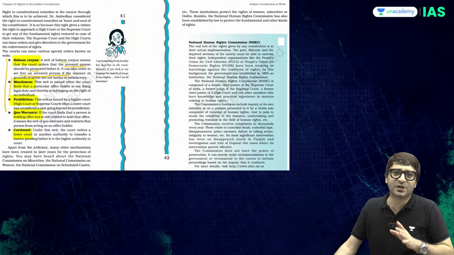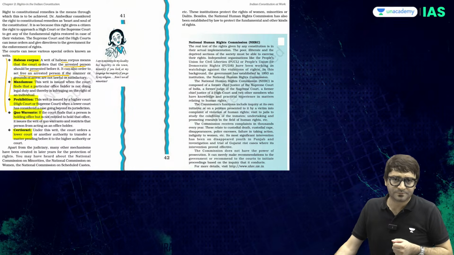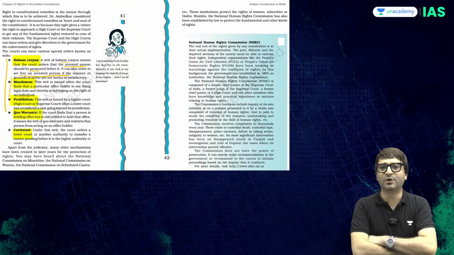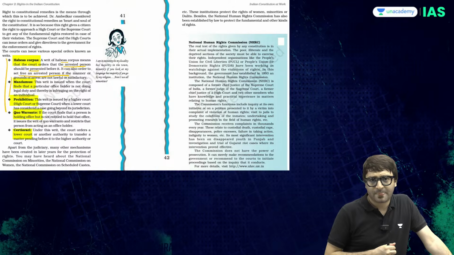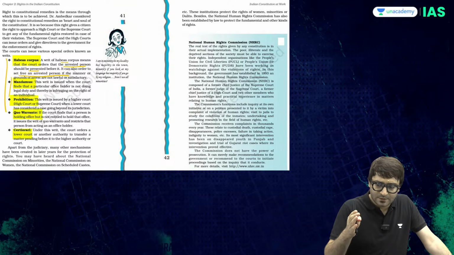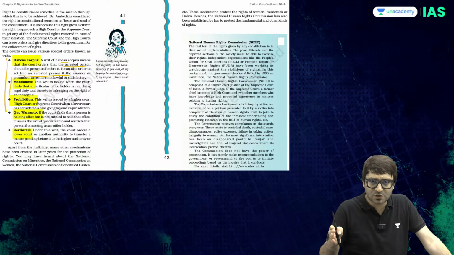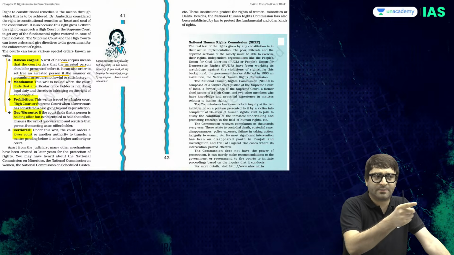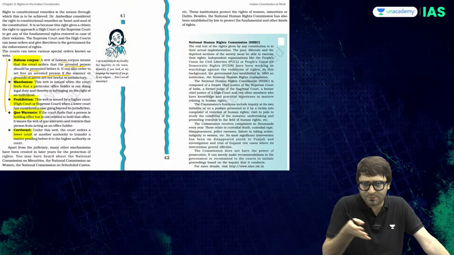A public official is not performing his duty, thereby violating your fundamental right. And what is that public duty? Next to your house, there is a heap of garbage which is not cleaned by the municipal authorities, because that's their job, to keep the city clean.